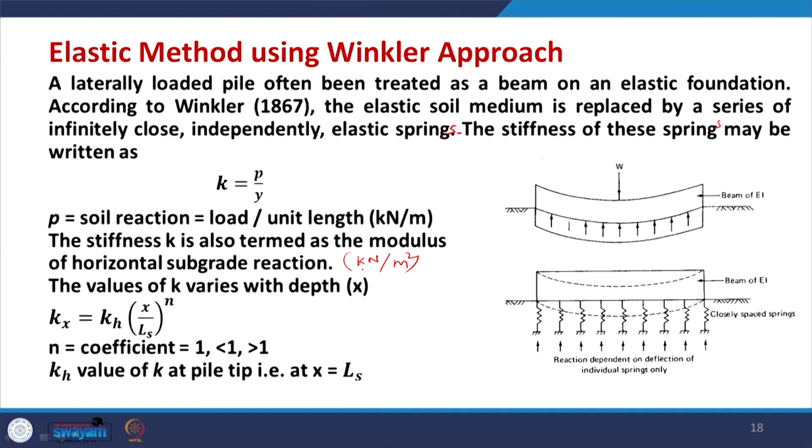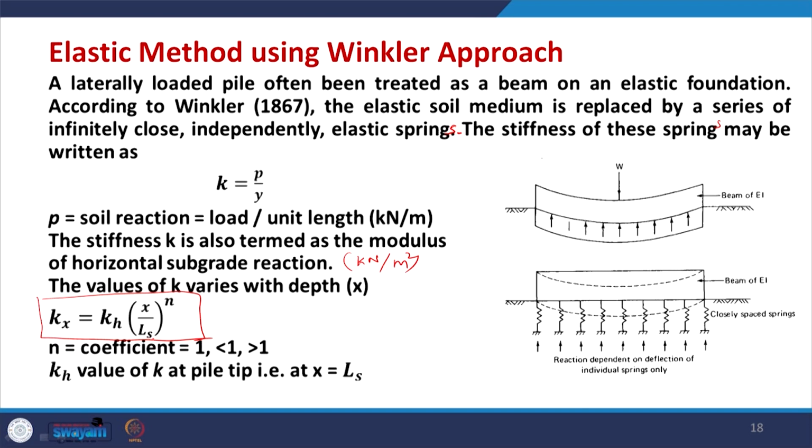So, let us first talk about the kind of variation. This equation shows how the values of K vary with the depth, and you could see Kx equal to Kh into (x over Ls) raised to n, where n is some coefficient, and the value of n is more or less nearby 1. It could be 1, it could be a little less than 1, or it could be greater than 1.